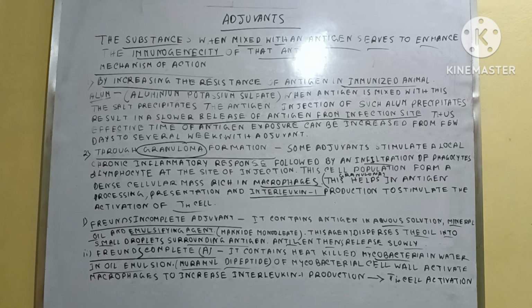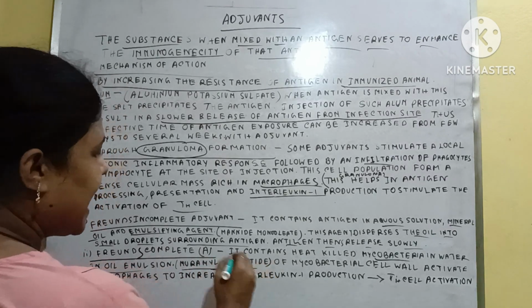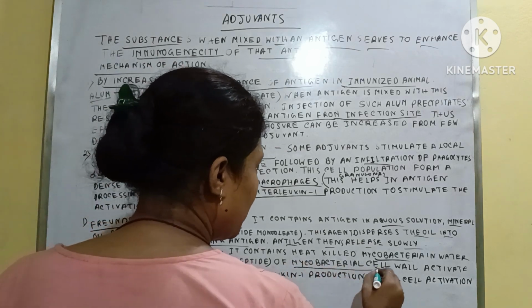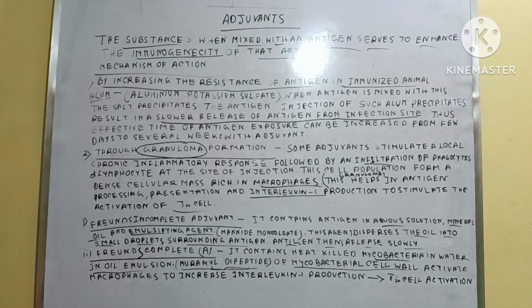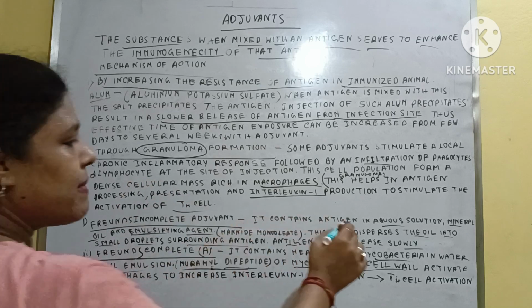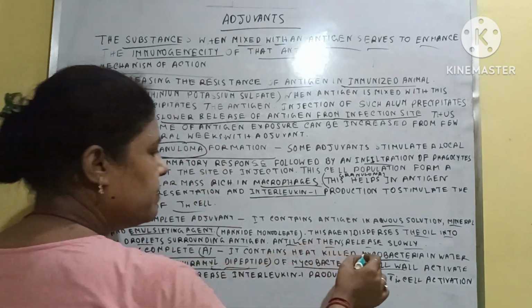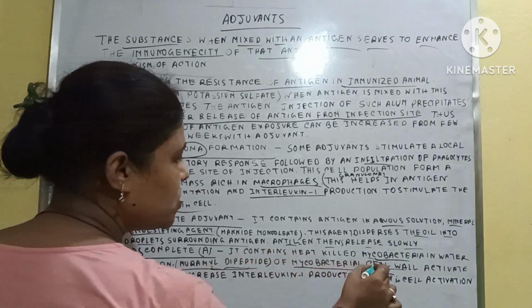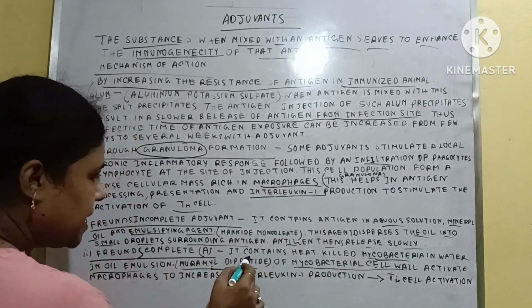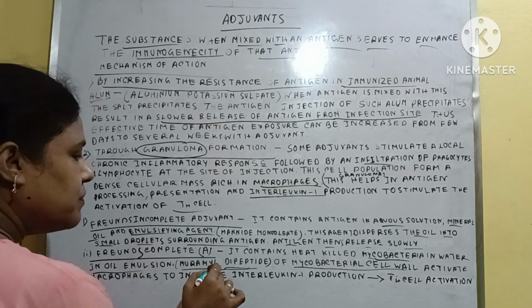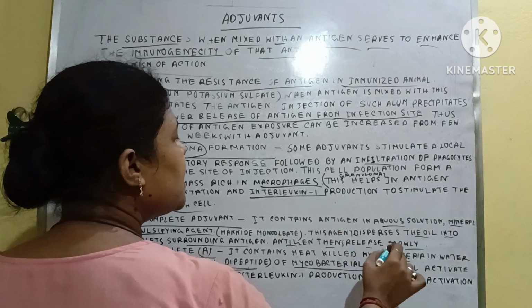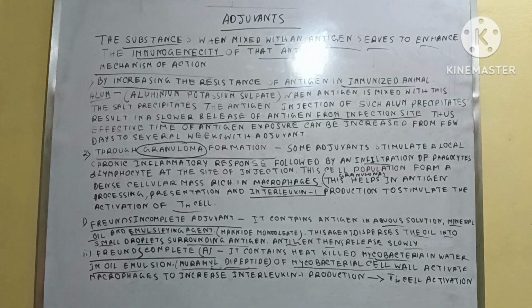This muramyl dipeptide is a substance that remains in the mycobacterial cell wall, so we need the mycobacteria, because the substance is found only in the mycobacterial cell wall. Heat-killed mycobacteria is taken.